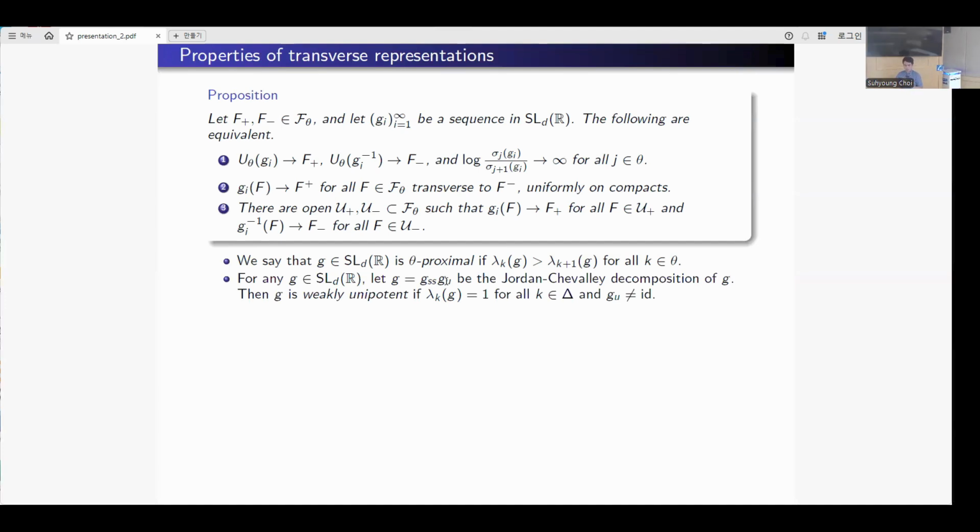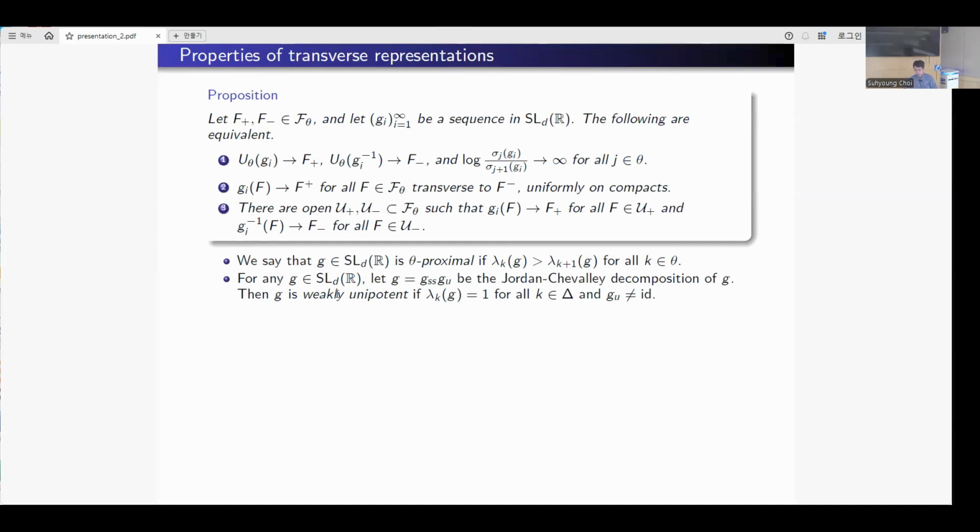Your g_ss is a block diagonal matrix where the blocks are either size 1 or size 2. The size 1 blocks correspond to the real eigenvalues of g, and the size 2 blocks correspond to the complex eigenvalues of g that are conjugate to each other, each 2 by 2 block. And g_u is a unipotent matrix that commutes with g_ss, the semi-simple part. You can always decompose every g like this.